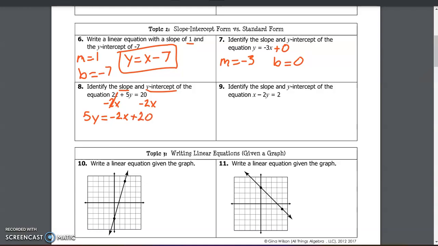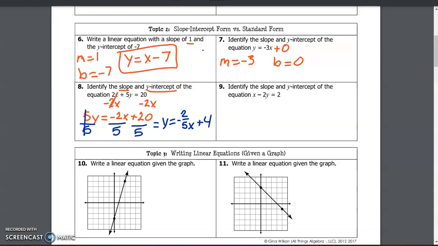Now my next step is I just want to get rid of this 5, so I'm going to divide by 5 on every single term. That cancels out. So now this gives me y equals negative 2/5 x, and then 20 divided by 5 is 4, so plus 4.